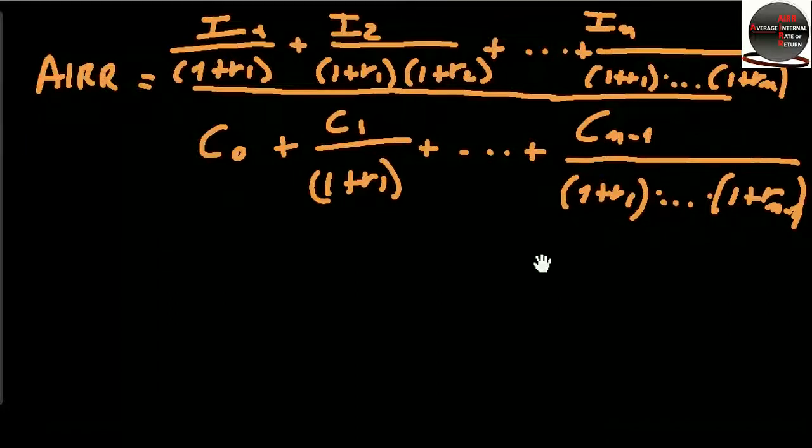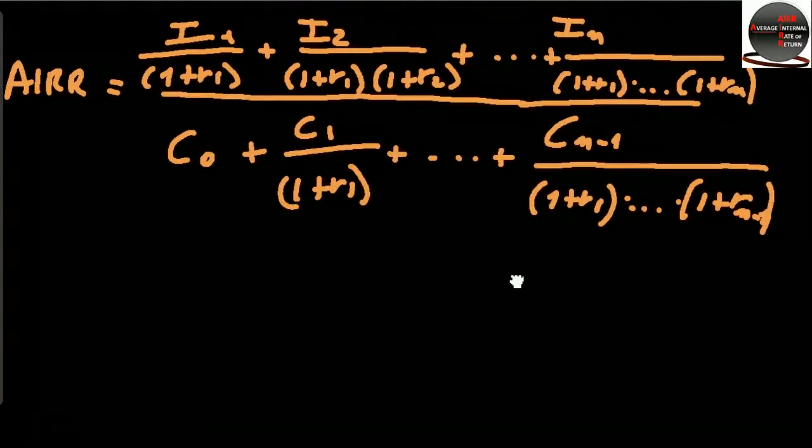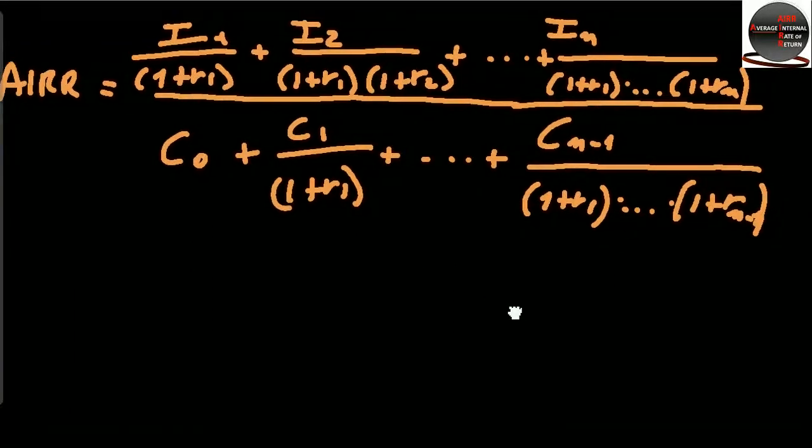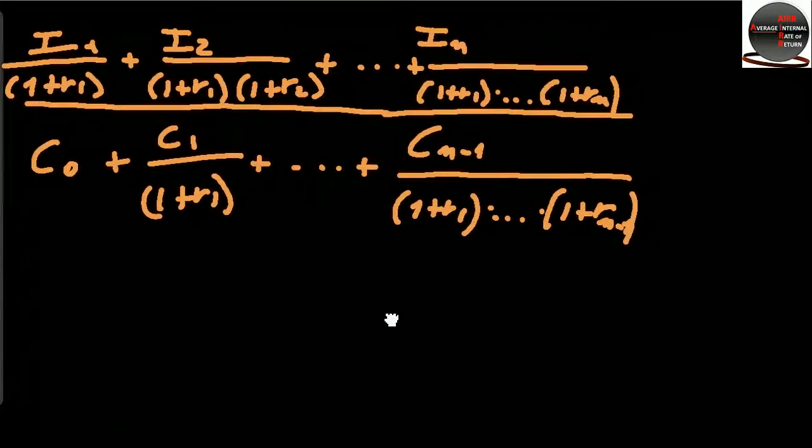And in the second step, we just have to multiply this by 1 plus the first period cost of capital. So let us move to the right. We just have to multiply to convert to an annual rate.